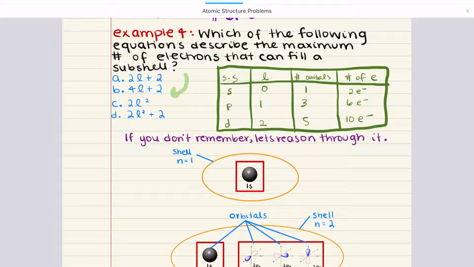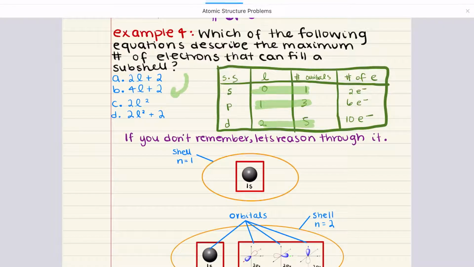Now, knowing that, let's remember that for a given subshell, the number of orbitals is determined by the range of ml values. So what is the relationship between these two numbers, l and the number of orbitals? How can we relate these to each other?